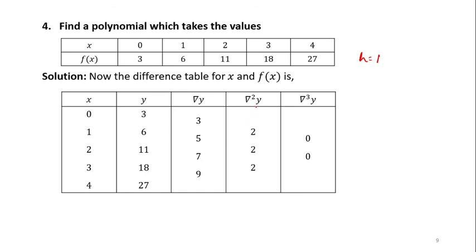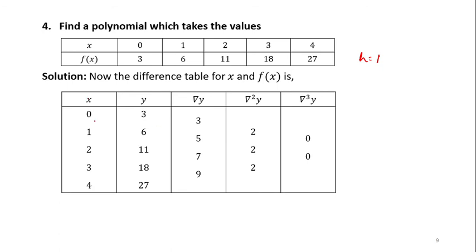And in the next column, we find the values for del square y. 5 minus 3 is 2, 7 minus 5 is 2, 9 minus 7 is 2. And in the next column, we find the values of del cube y. 2 minus 2 is 0, 2 minus 2 is 0. Here observe that all the elements are equal to 0, so we can stop the difference table here.